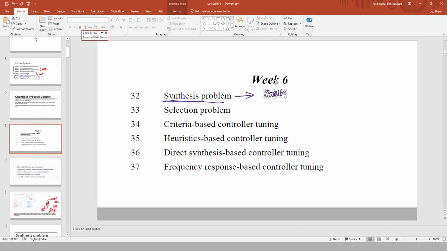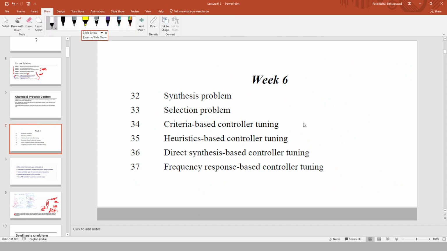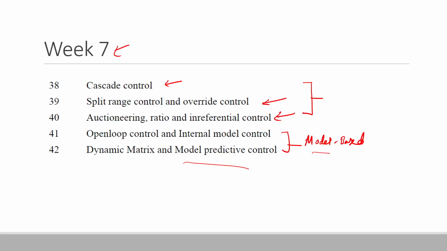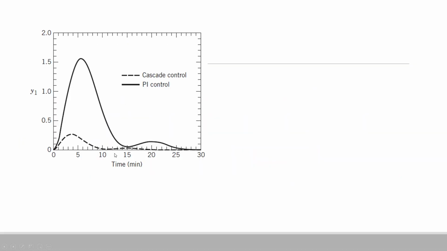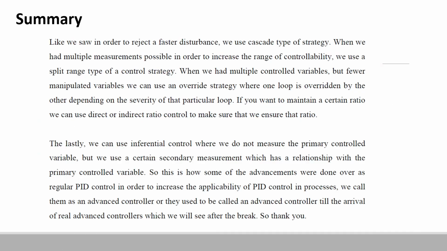In the last class we were looking at the synthesis problem, selection problem, criteria based controller tuning. We looked at these 4 tuning methods, but we had not solved numericals related to them. So in this class, let's start with around 2 to 3 numericals related to these topics, and then we can start with the theory behind the next advanced control topics. So let's start with the numericals.